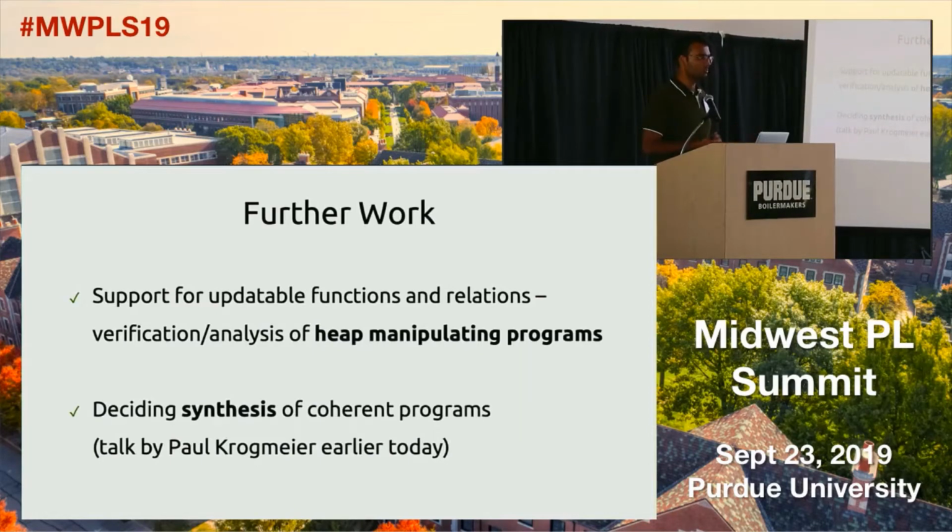Those are the classes of programs that can fall into this. Finding a min essentially requires you to reason with orders. It turns out that orders are also decidable. So yes, that also works.